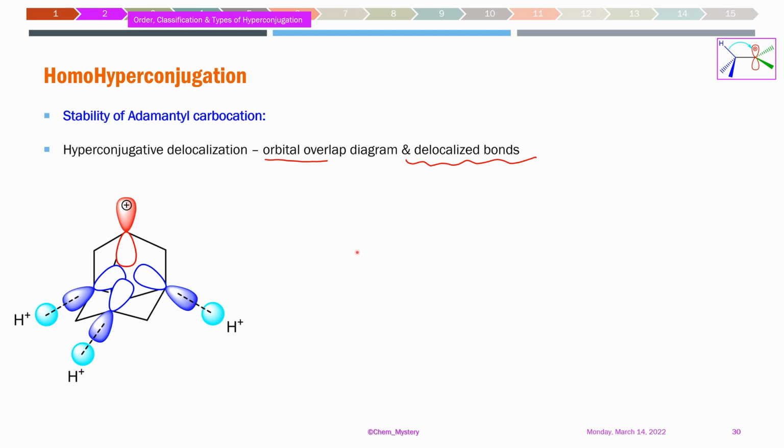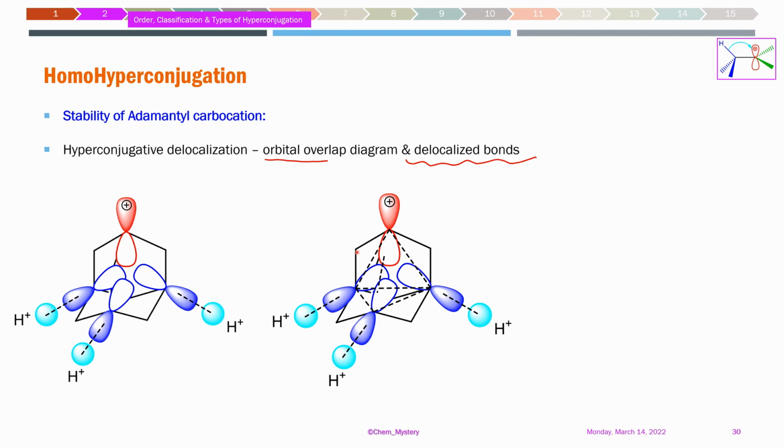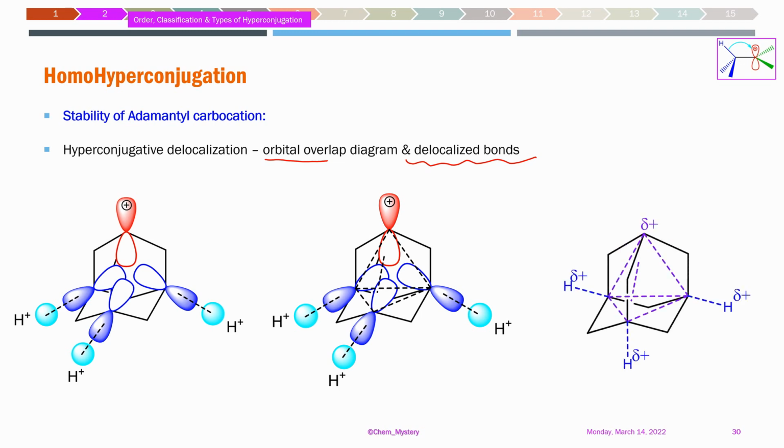This is the kind of resonance hybrid we can form, and that is how we understand that homohyperconjugation in the adamantyl carbocation is stabilizing it, in comparison to the instability we might have expected in bridged carbocations, where the positive charge is present on the bridgehead. Those compounds are usually unstable, not very much stabilized.